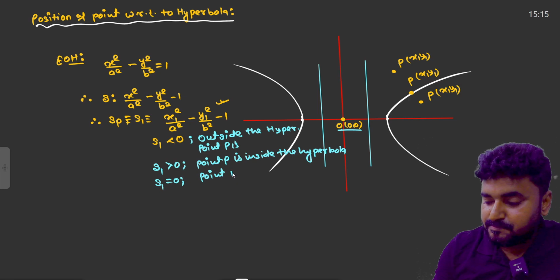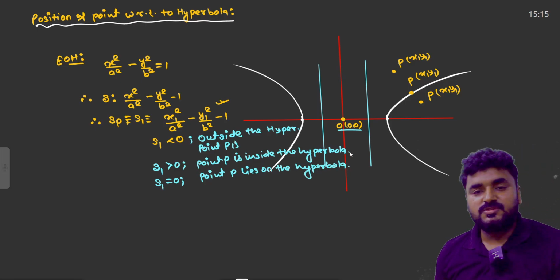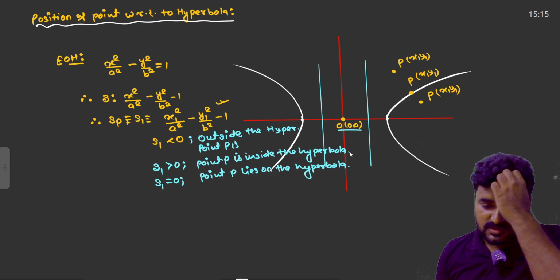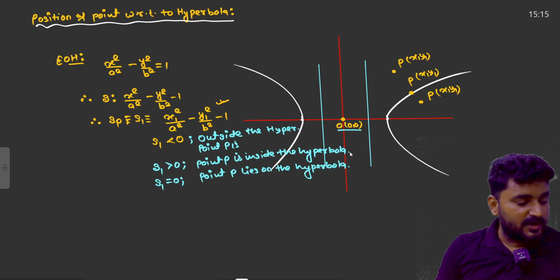Point P lies on the hyperbola. Okay, so by this situation we can find the position of the point with respect to the hyperbola.